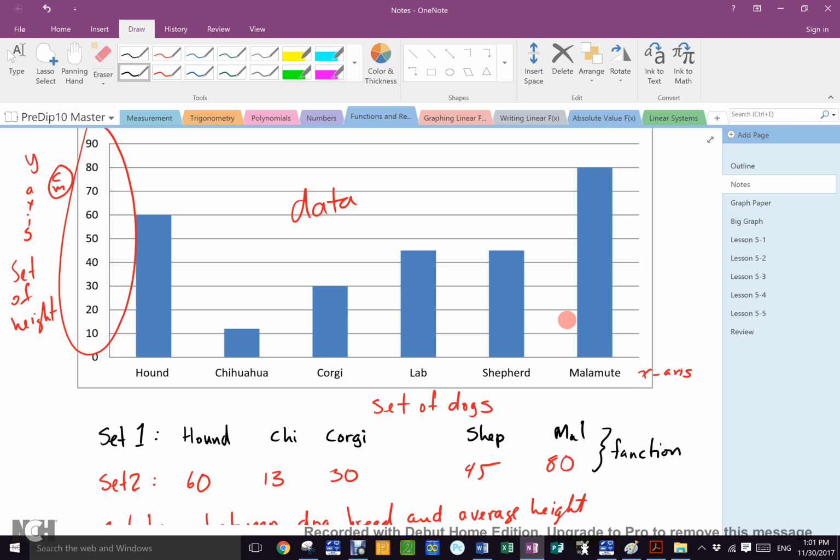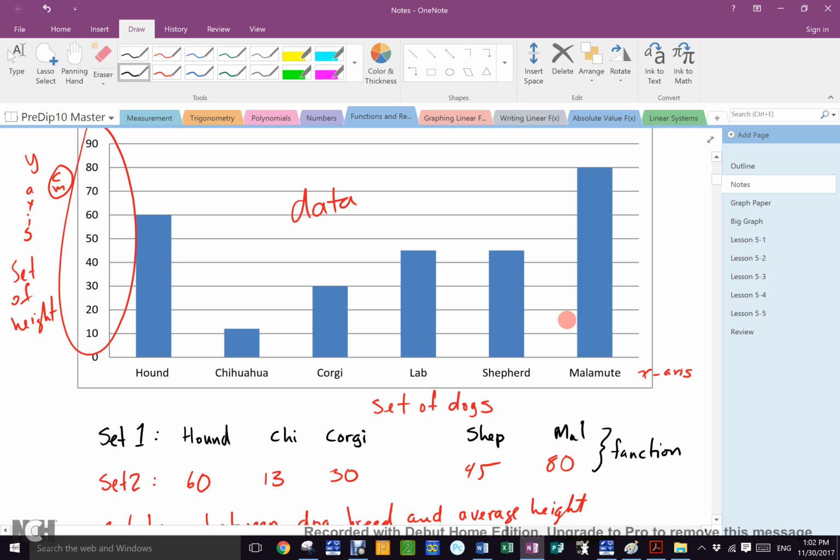Dog name. Absolutely correct. Hound, 60. Chihuahua, 30. Corgi, 30. Lab, 45. Shepherd, 45. Malamute, 80. Perfect.